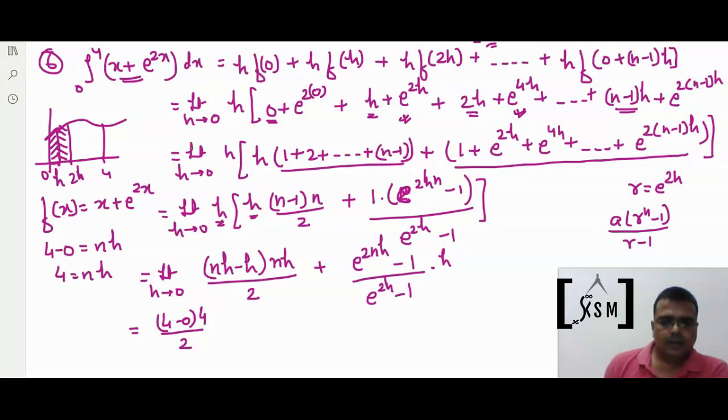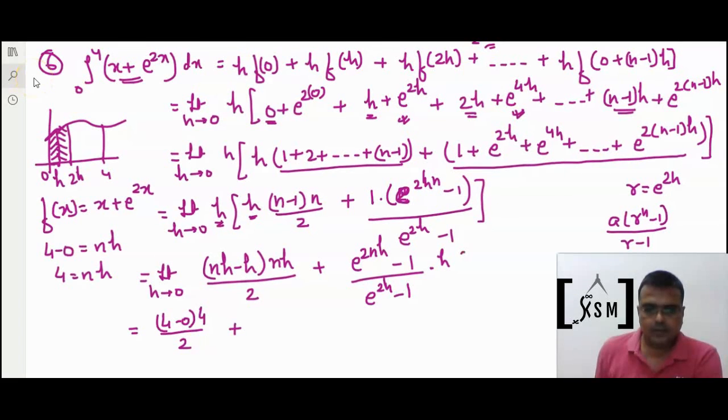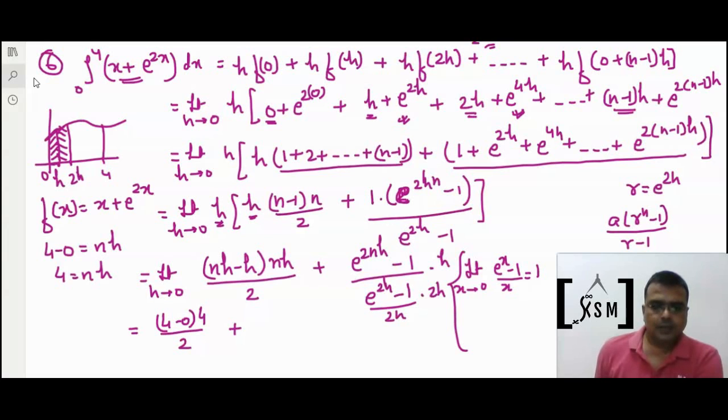And then plus, I'm referring to a limit formula: limit x tends to 0 of e to the power x minus 1 over x is 1, right? So I'm going to follow that. Basically it is e to the power 2h minus 1, so it should be divided by 2h and times 2h, right? So this limit as h tends to 0 is 1 based on this formula.